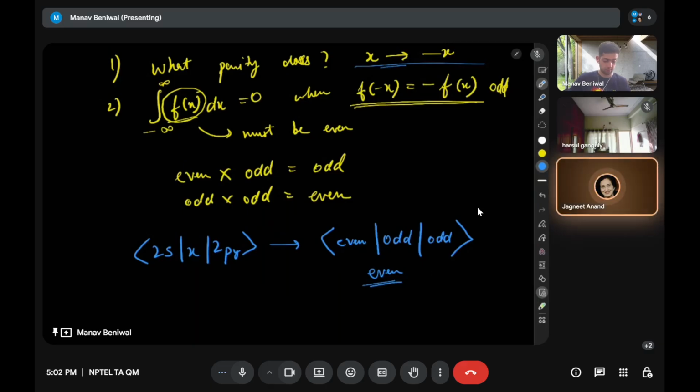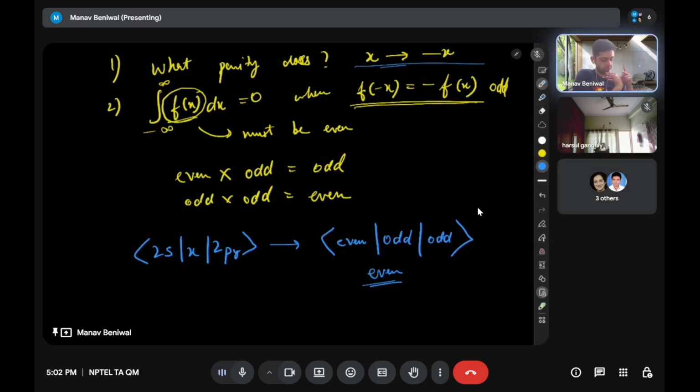How is py odd? We already solved one problem on this, if you recall, two or three sessions back. How do you write the operator py in terms of a derivative? Do you remember?